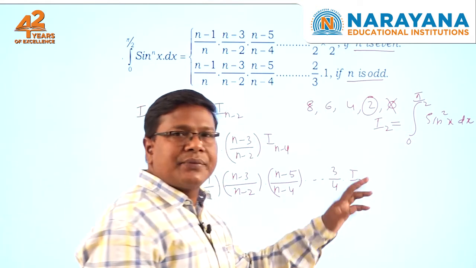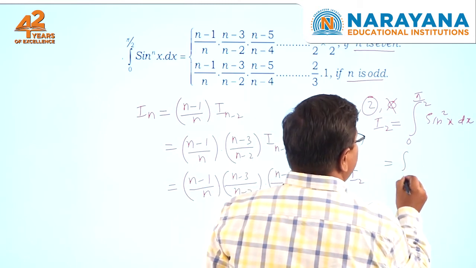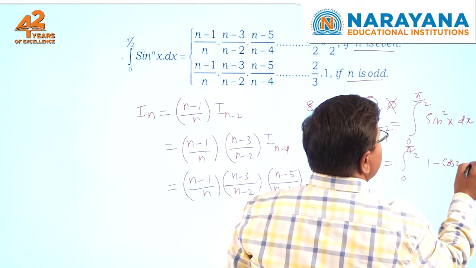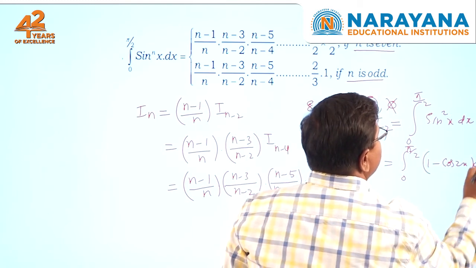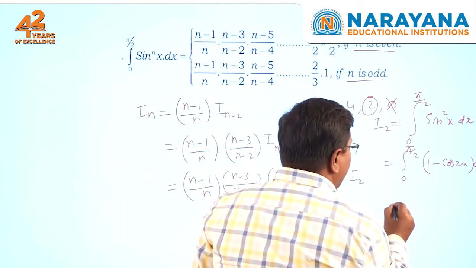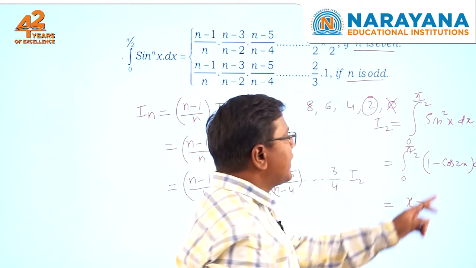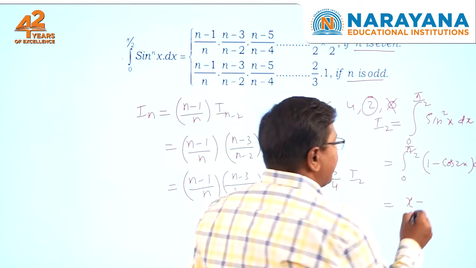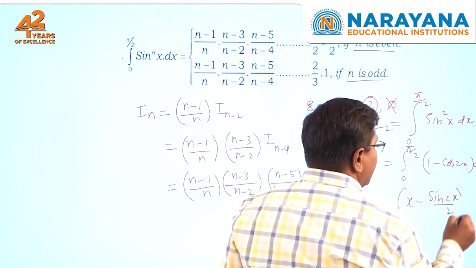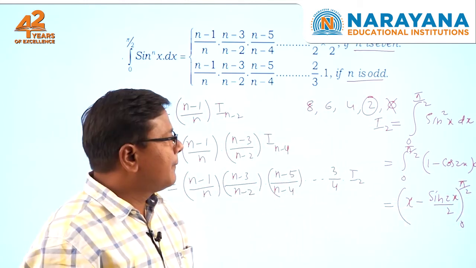So, sin square x in terms of cos we know is (1 minus cos 2x) by 2, that is the integration of 0 to pi by 2 of (1 minus cos 2x) dx, right. If we integrate this, the integration of 1 is x, minus the integration of cos 2x, which is sin 2x by 2, right. The limits are from 0 to pi by 2.